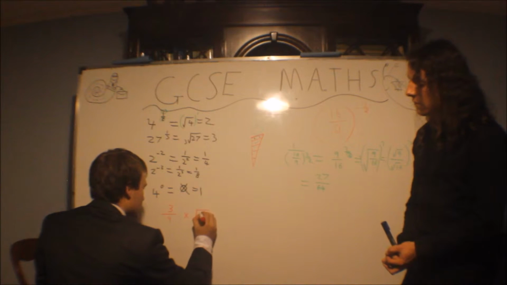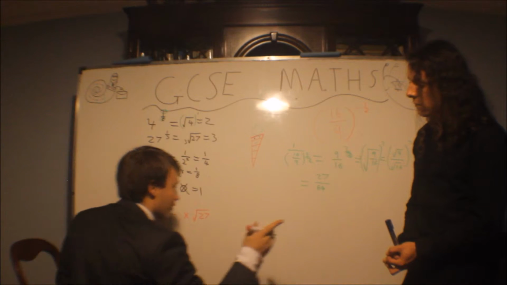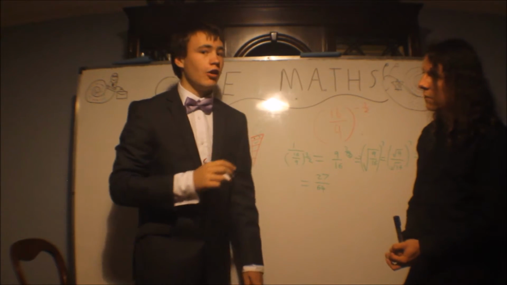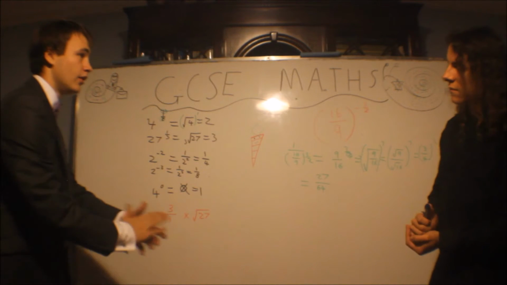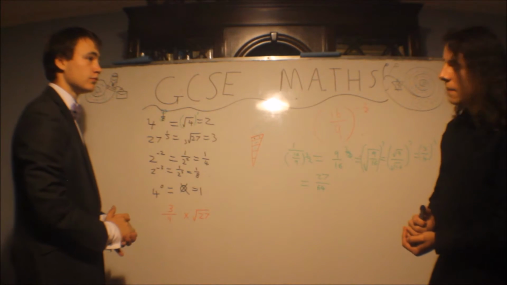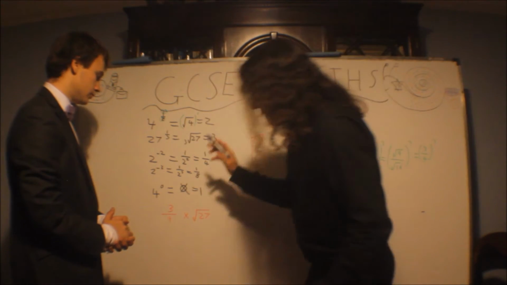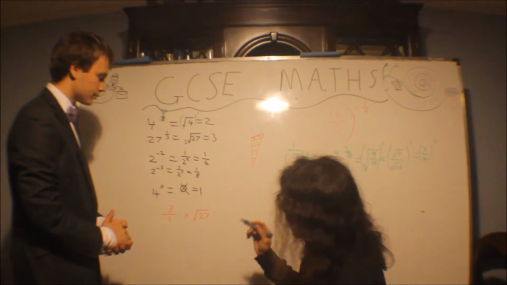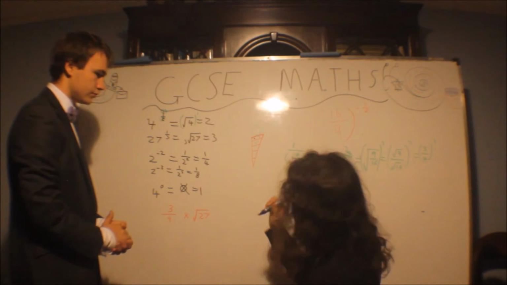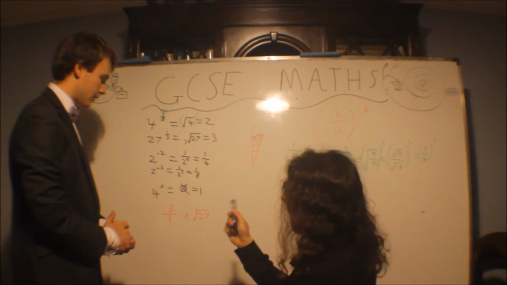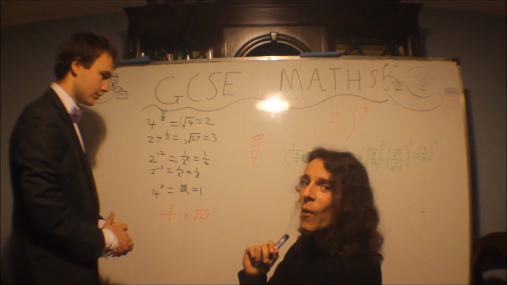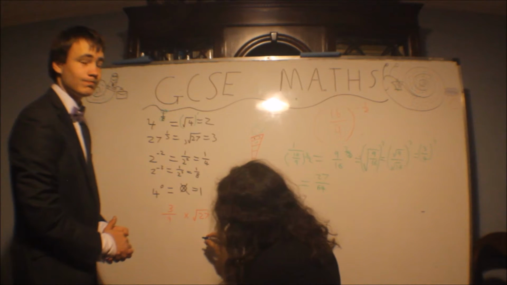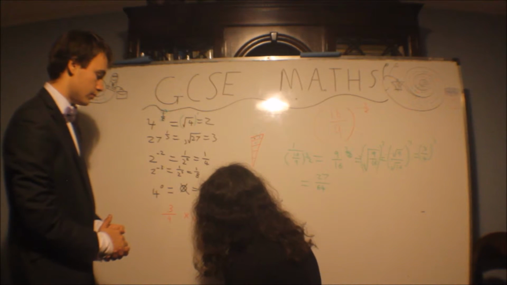3 over 9 times root 27. Now, be warned, this brings together a lot of rules. Go for it. Okay, so I've got 3 on the top. That's just 3. But 9 and 27, they're quite different, Wayne. But I think I noticed the link. You do. All to the powers of 3. 3 on its own is just 3 to the power of 1.